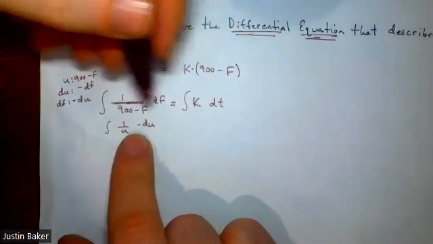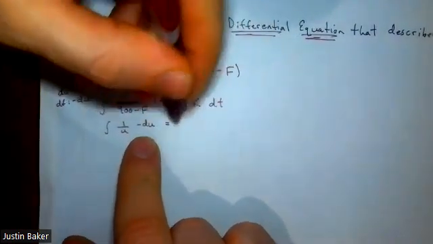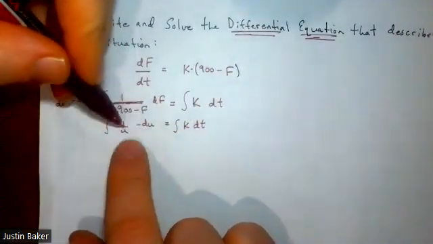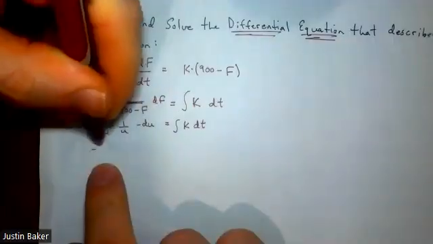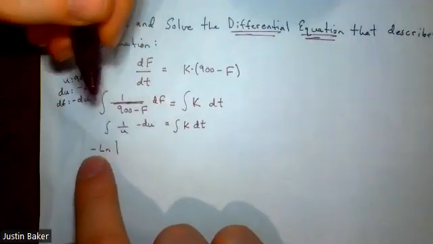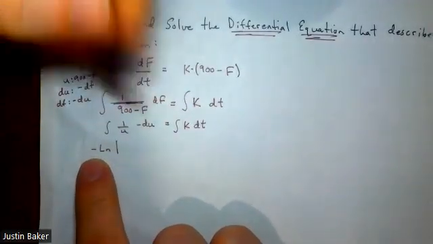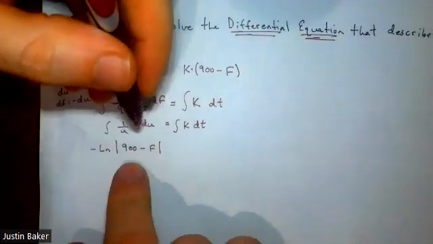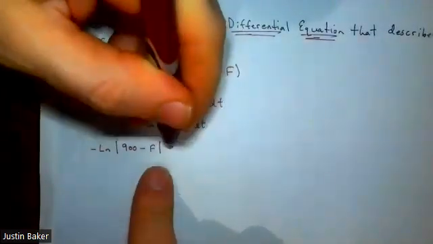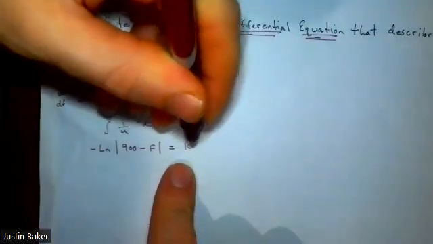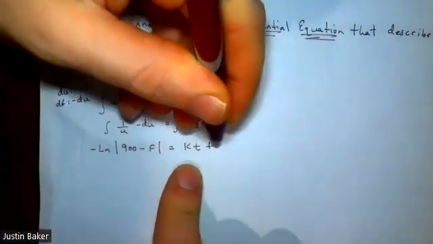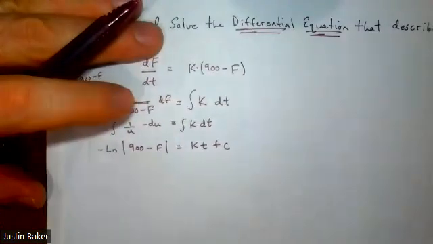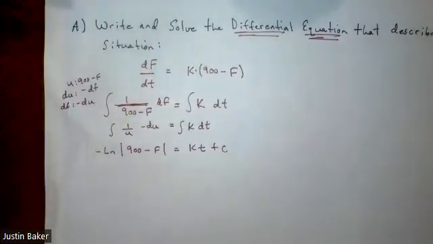So the part you got to be careful about is this extra negative symbol. And then that's the integral of k dt. So when you integrate this, it's definitely going to be natural log, but it's natural log with a negative sign out front. And then that's going to be 900 minus F. Okay. And on the other side, when you integrate that, that's going to be kt plus c. Any questions there?